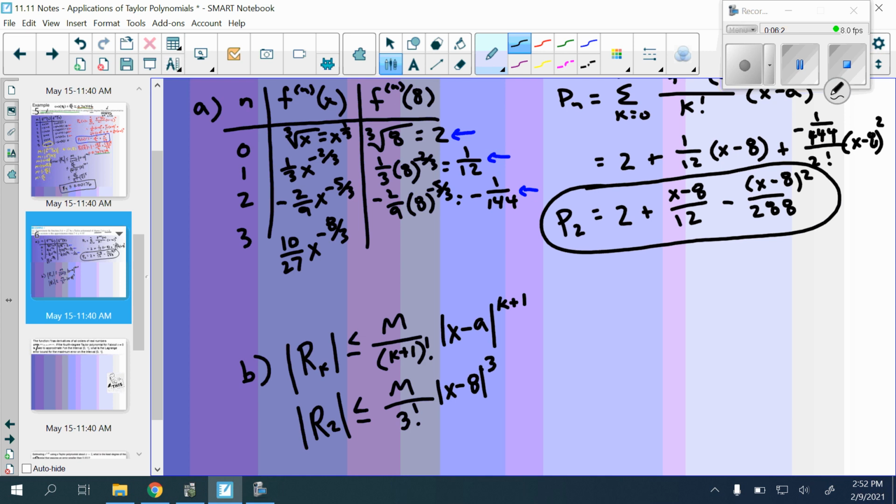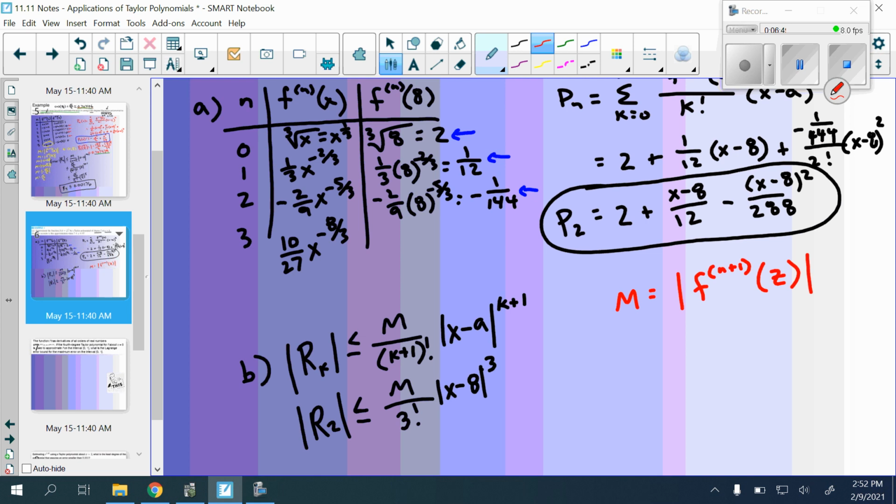To get our M value, remember we get that by, our M value should be less than or equal to the absolute value of the n plus 1 power derivative at whatever value is going to be the biggest on our interval.